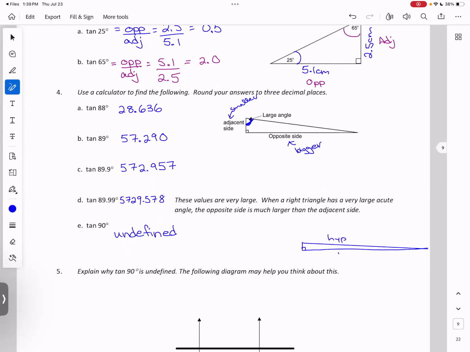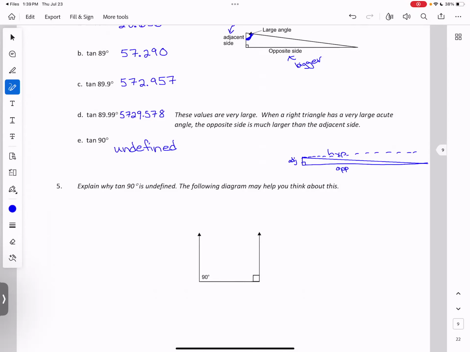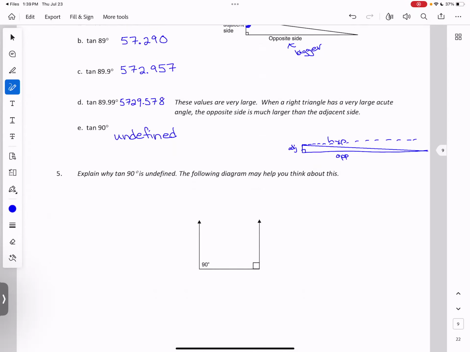Your opposite is huge and your adjacent is really small. Well, what happens if you make that 90 degrees exactly? You would actually not have a triangle anymore. This picture kind of shows you that. You can have 89.99, something like this, and it's going to lead off and eventually it's going to meet with this line here and you'll have yourself a triangle. But if you do 90 degrees itself, it won't be a triangle. So why is it undefined? It would no longer be a triangle.